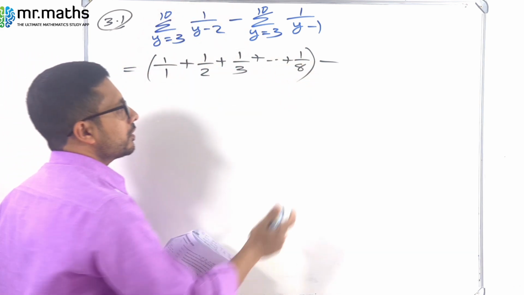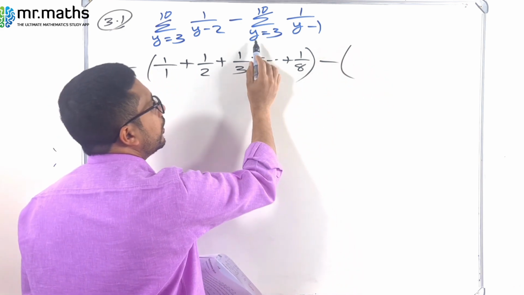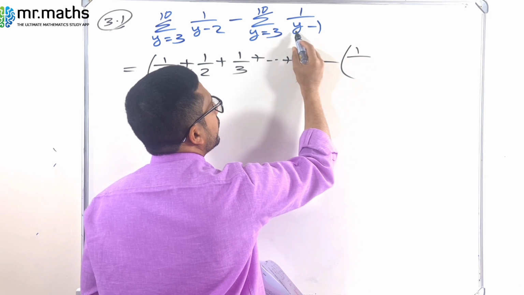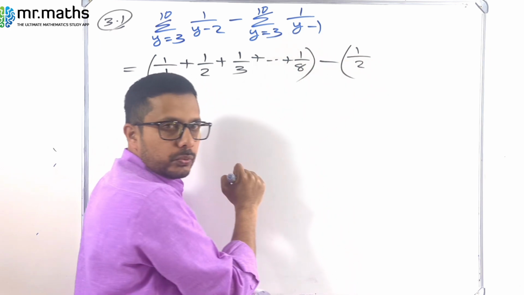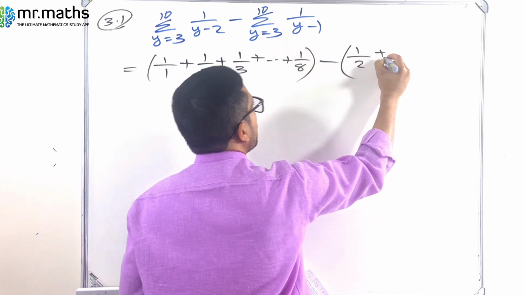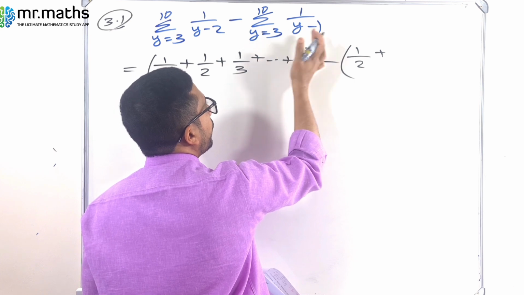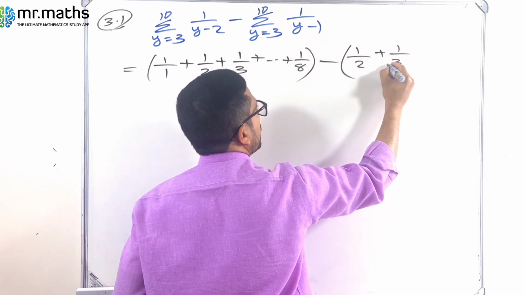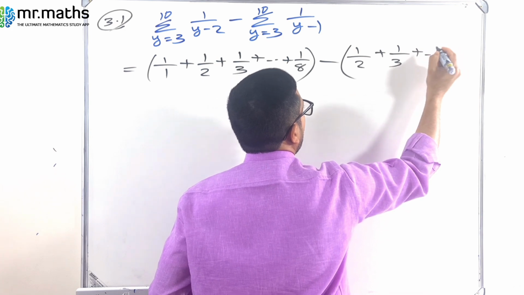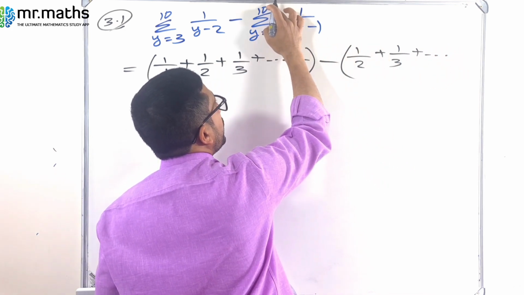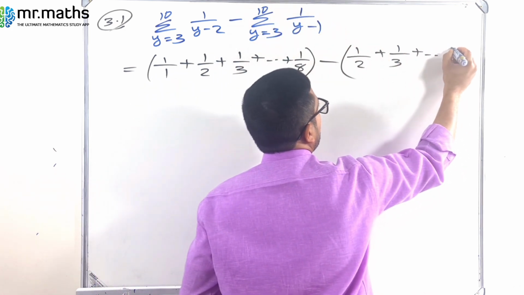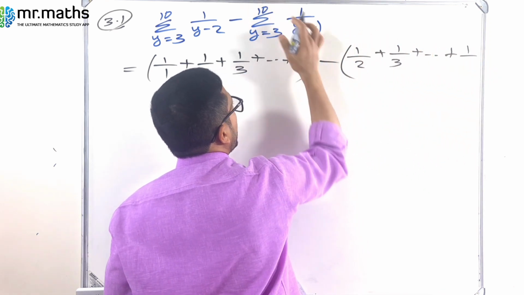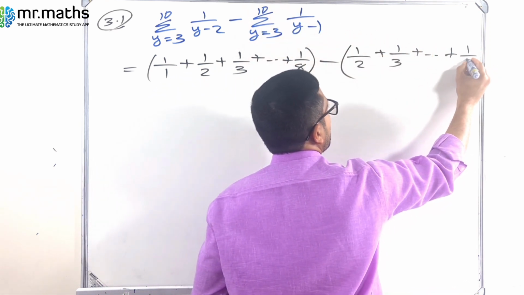Now minus, again the first y value is 3, so it is 1 divided by 3 minus 1, that is 2, right? Okay, plus the second y value after 3, 4, 1 divided by 4 minus 1, it is 3, plus etc. Then the last y value is 10, so 1 divided by 10 minus 1, that is 9.